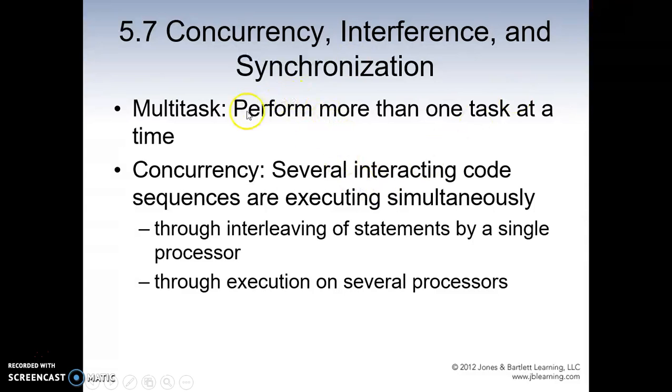Like in that example, multitask. You have to perform more than one task at a time. Right. Several interacting code sequences are executed simultaneously, either through interleaving of statements by a single processor or through execution on several processors.